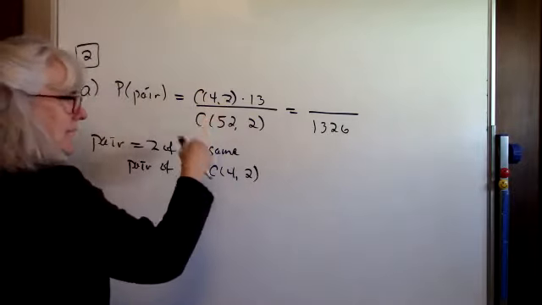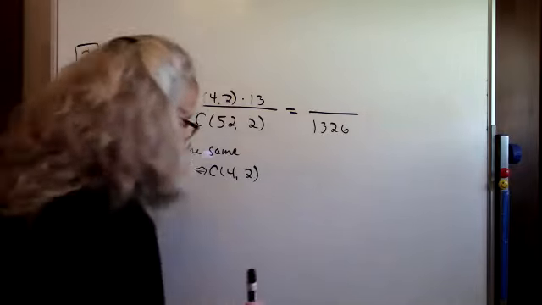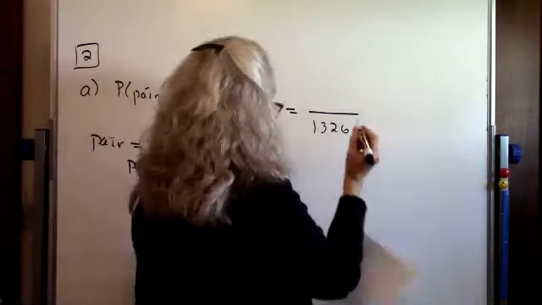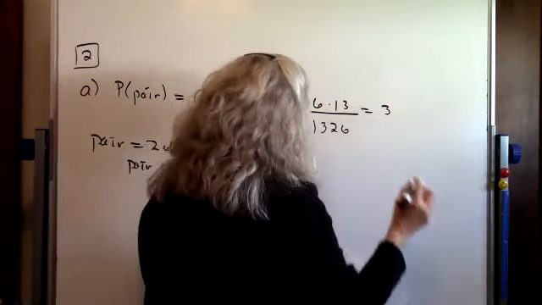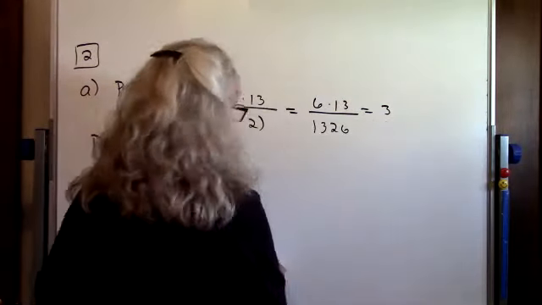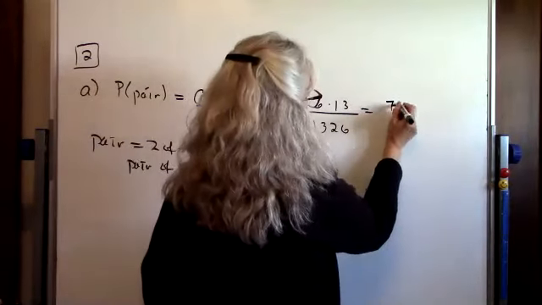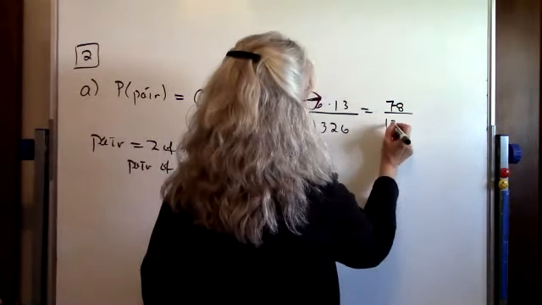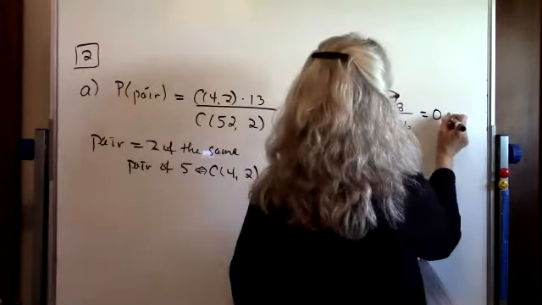So 4 of the same number, and there are 13 different numbers. So the combination of 4 choose 2 comes out to be 6. So this is 6 times 13, or 78 out of 1326, which as a decimal is 0.0588.